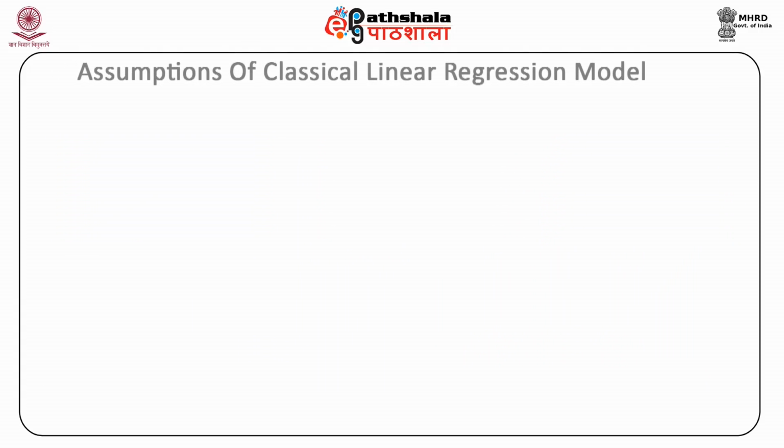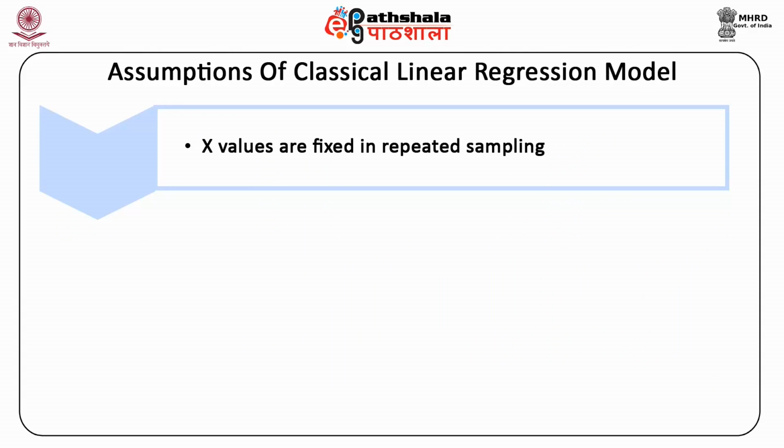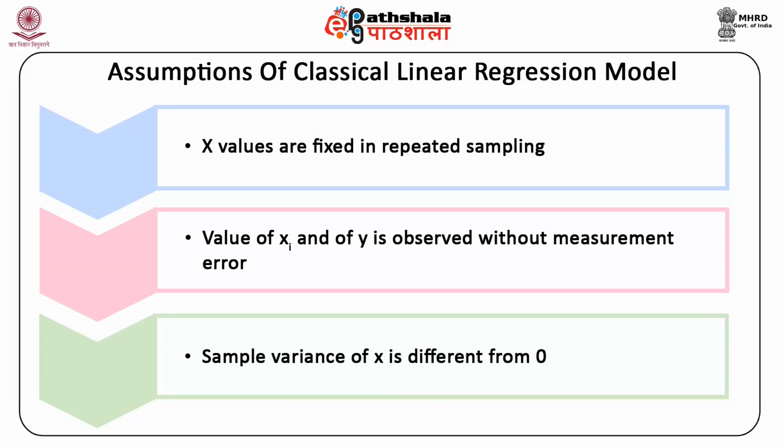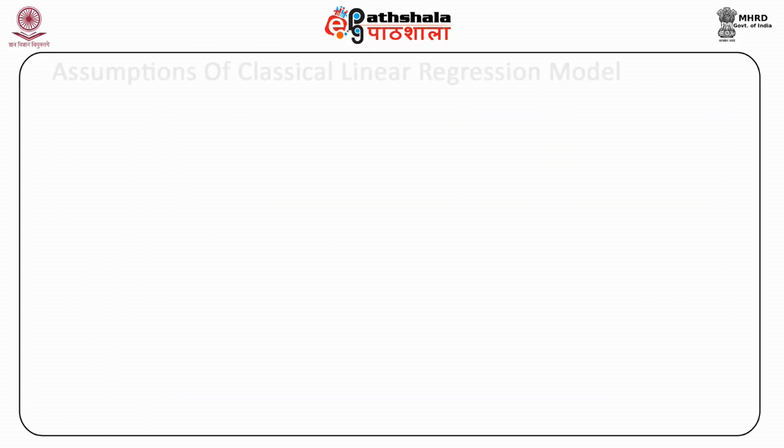Assumption 2. X values are fixed in repeated sampling, or X is assumed to be non-stochastic. Assumption 3. Each value of xi and of y is observed without measurement error. Assumption 4. The sample variance of x is different from 0 and has a finite limit as n tends to infinity. Assumption 5.